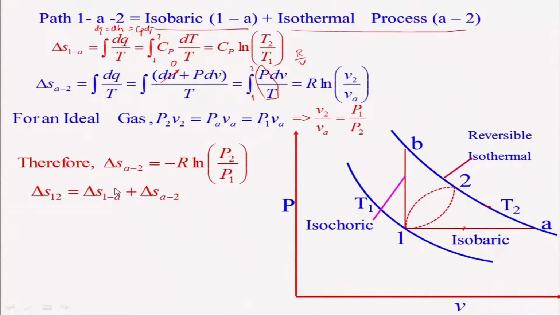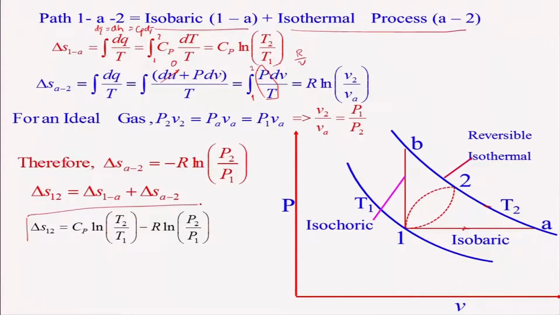When you add these values, the change in entropy between state 1 to 2 is equal to the entropy change for the path 1A plus the entropy change for path A2. When you substitute these values, you will get the expression: change in entropy between state 1 to 2 is equal to Cp ln T2 by T1 minus R ln P2 by P1.